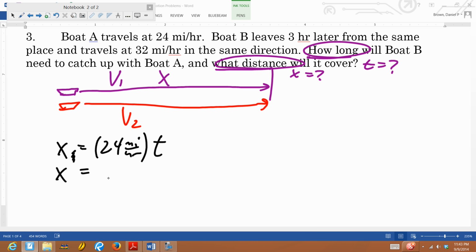And then the other boat is going to travel the same exact distance, but it is going to go at a faster speed. And it does not travel as long. It travels for the same time t minus 3 hours, because it's going to leave 3 hours later. And then it'll catch up with it at some point in time. So we can see both these equations equal x right away. Since they equal x, we can set them equal to each other.